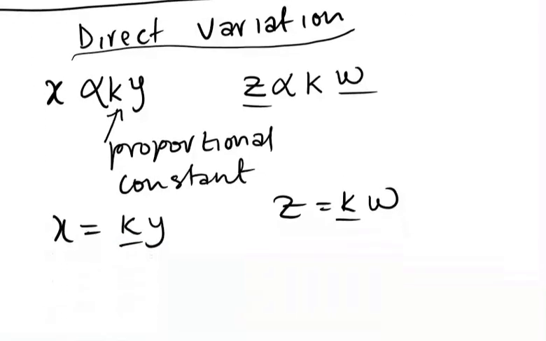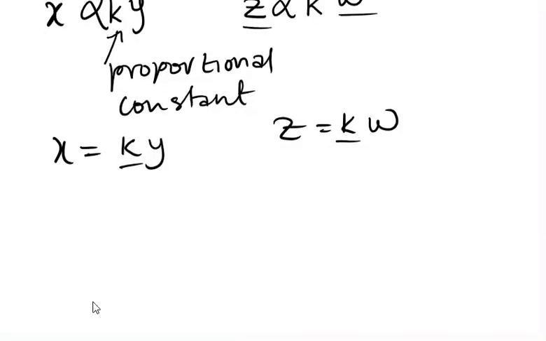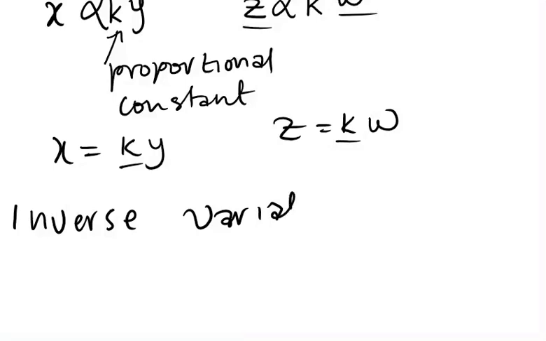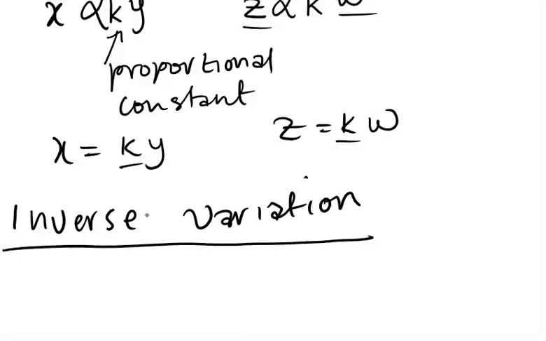Then let's just talk a bit about inverse variation. For inverse variation, if we say x varies inversely or is inverse proportional to y, we write x to be k over y.